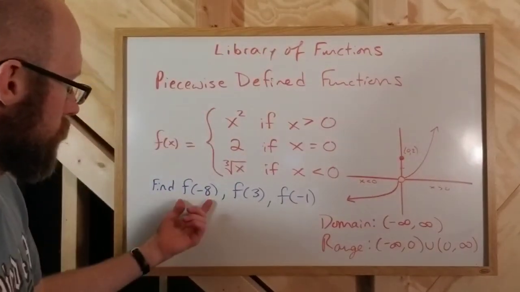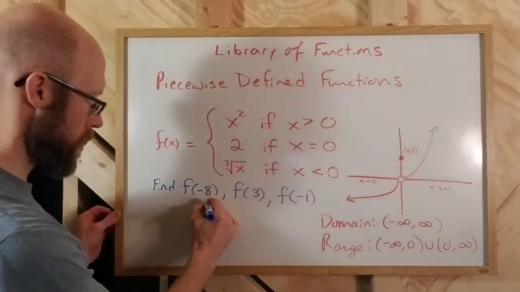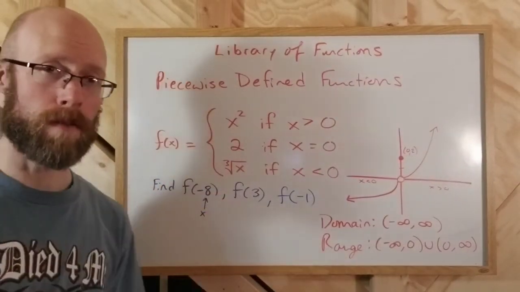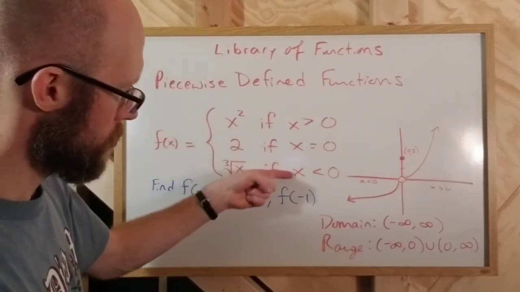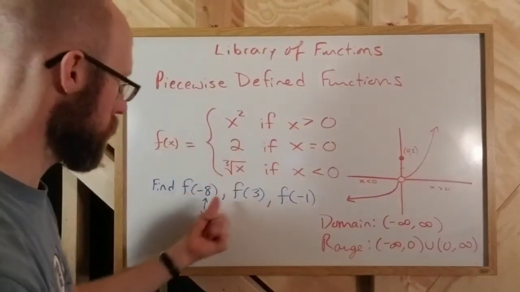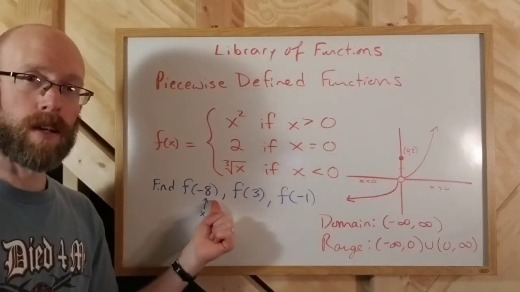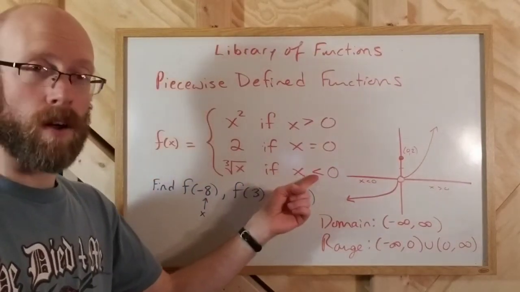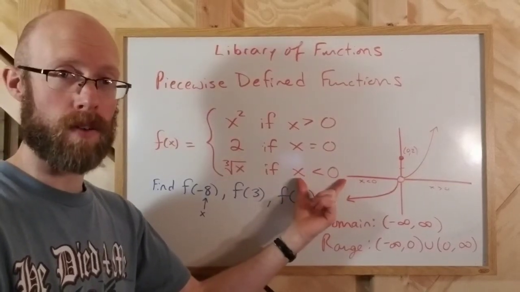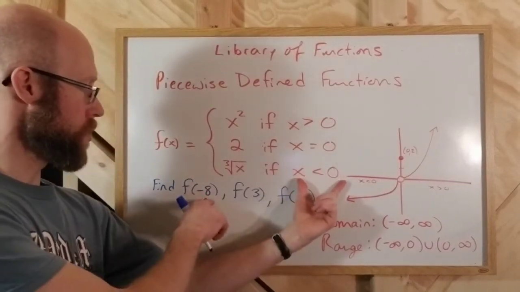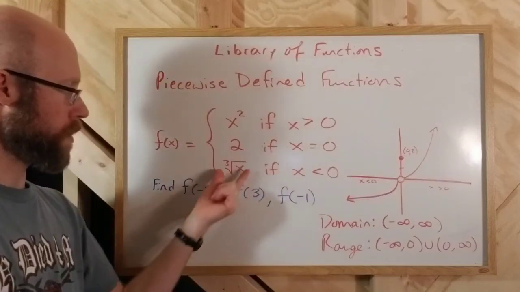Well, to find f of negative 8, negative 8, remember, is your x value. It's your input. If it's the x value, then I have to look on my x values here and find which interval the negative 8 falls in. Well, negative 8 is less than 0, right? So it falls into this bottom category, which means this function is the one I plug the negative 8 in.